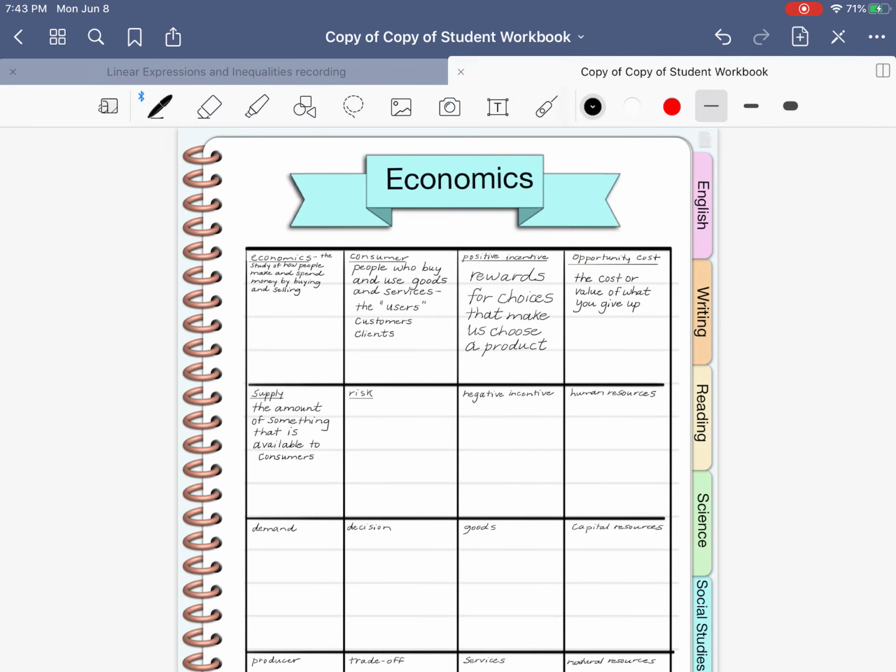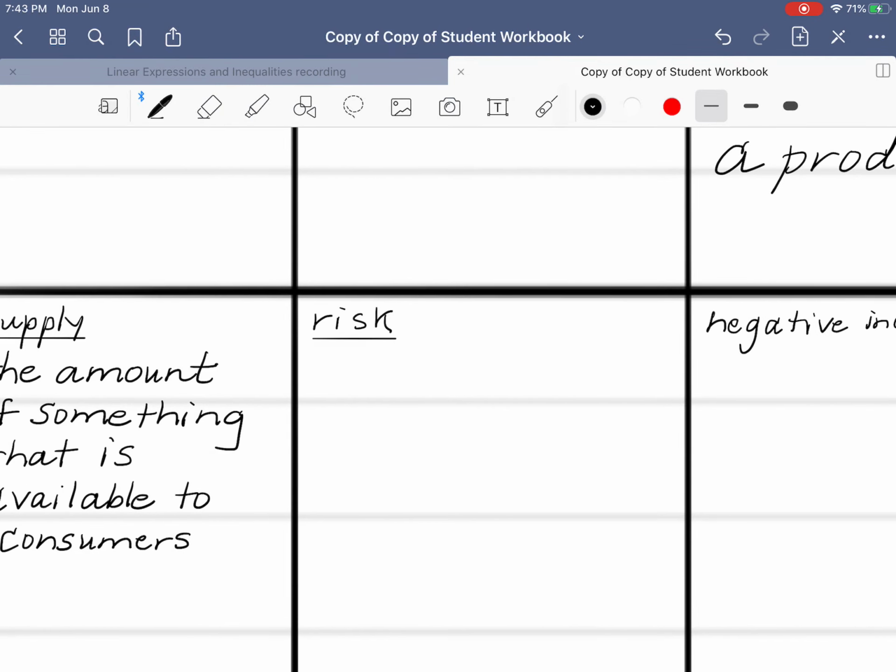If you're a gambler, you know what risks are. A chance someone takes when making a decision.